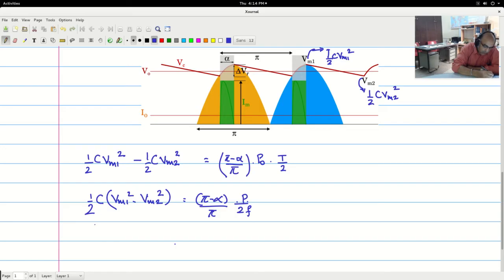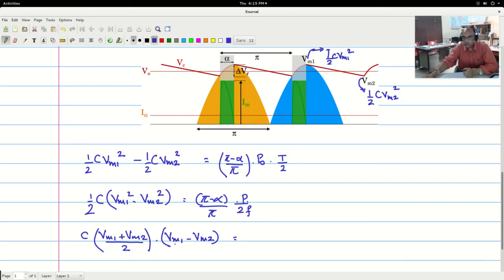Now this can be split into C into Vm1 plus Vm2 by 2 into Vm1 minus Vm2. So this is actually a square minus b square form, a plus b into a minus b. Now this is nothing but, let me move the screen up.